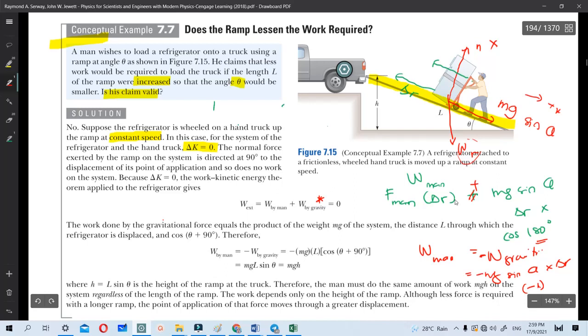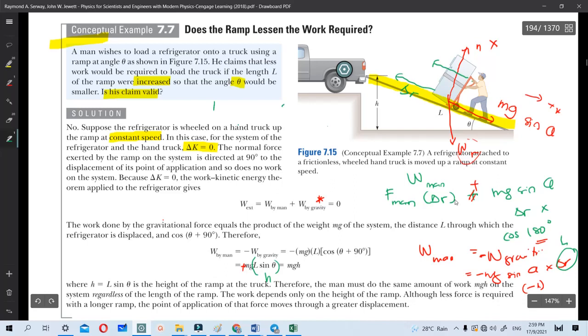So the negative and negative turn out to be positive. Observe here, it's becoming positive. And delta R here is now being replaced with L. So mg sin theta times L. Now take out the L sin theta. The L sin theta is equivalent to H.